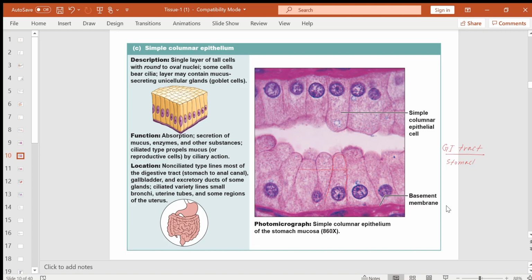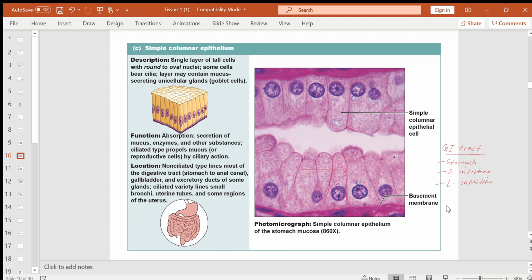So stomach and below is the small intestine, then the large intestine, right? In the innermost lining of these structures of the GI tract, you have the simple columnar.